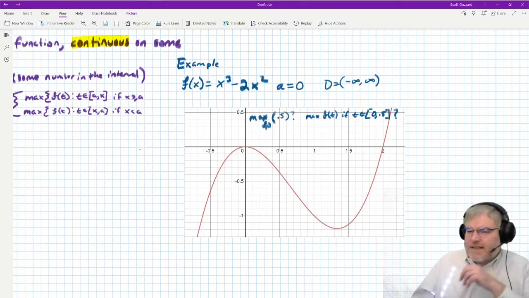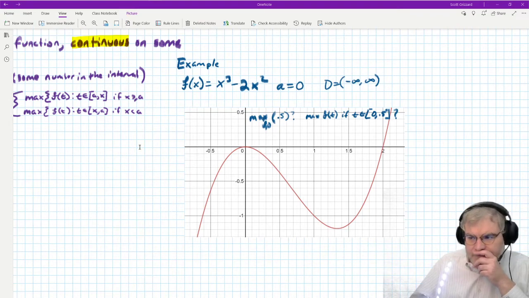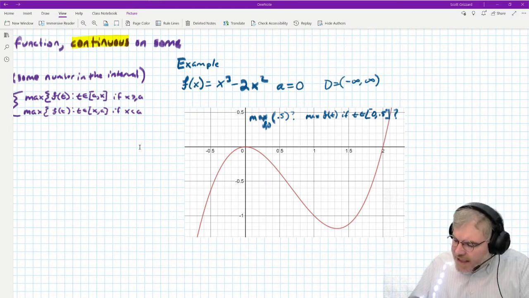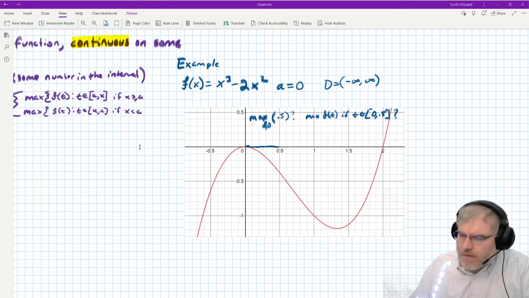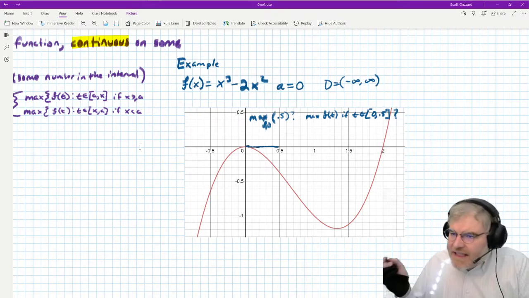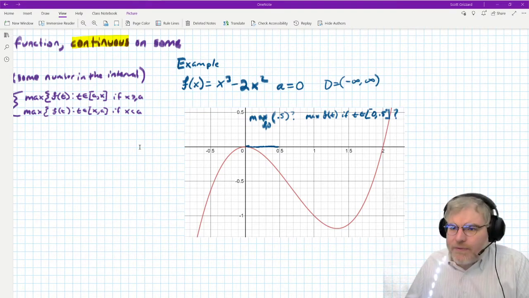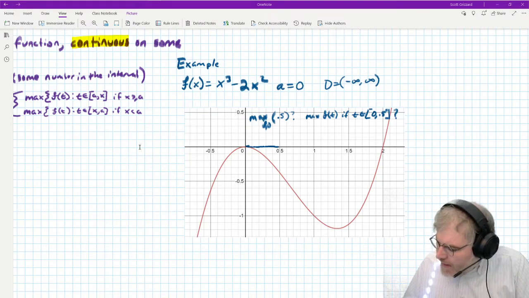That's what this is asking. Yeah, it's 0, right? It's not here, it's here. Indeed, this max function all the way through here does nothing. It's this.